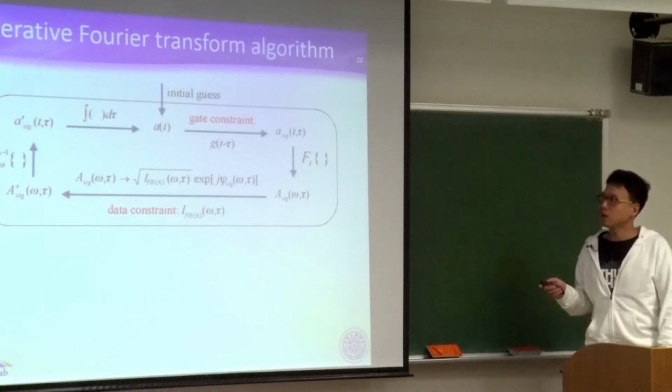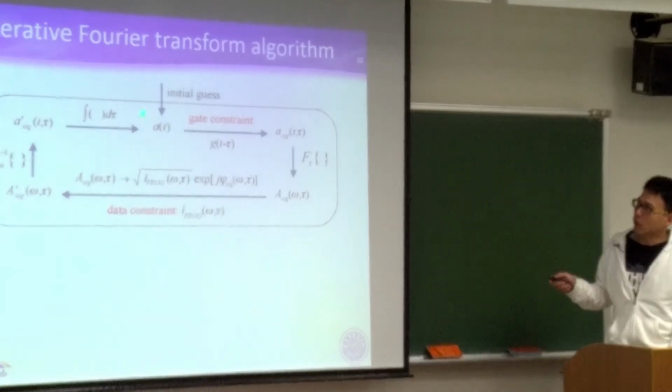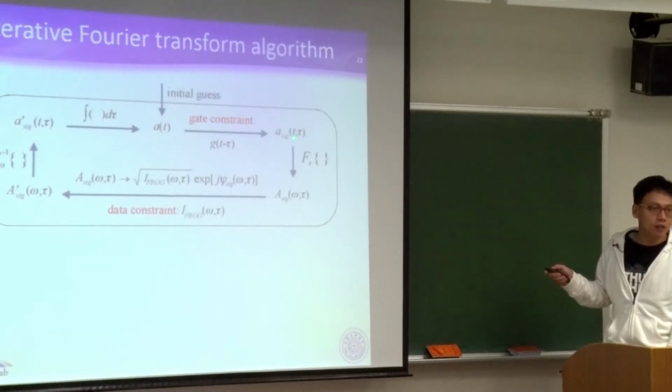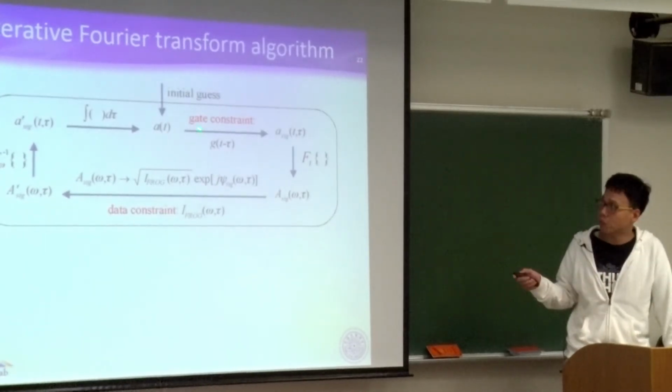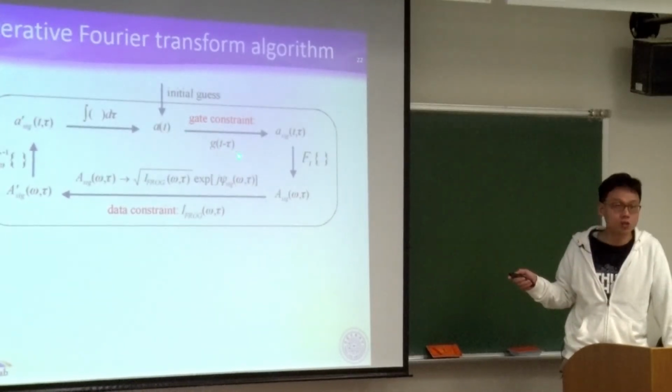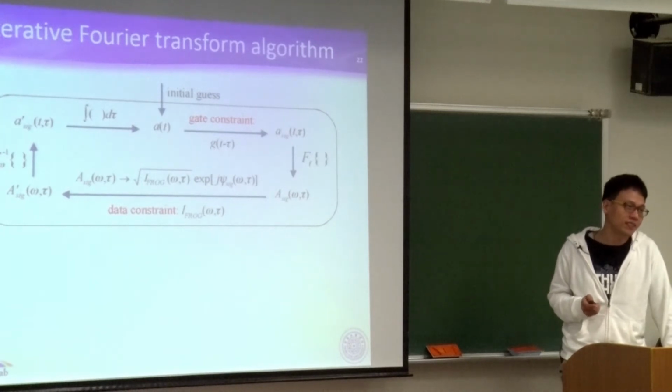Okay. Then, if you know A and G, you can multiply them together at different sampling time tau. You got A sub sig, the gated signal. Just the product between A of t and G of t minus tau. Okay.